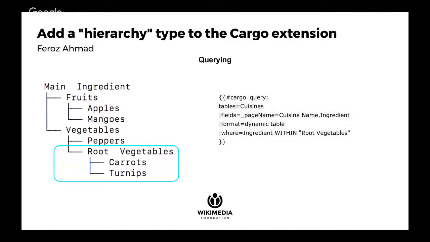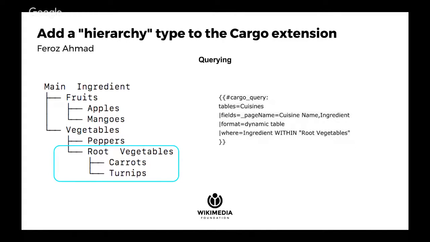So what's the advantage of it? Basically, the queries that I have added allow you to see how many entries have mentions of a specific value. Suppose you created a field like main ingredient in your template, and you have the following values: fruits, apples, mangoes, and so on, like a hierarchy.